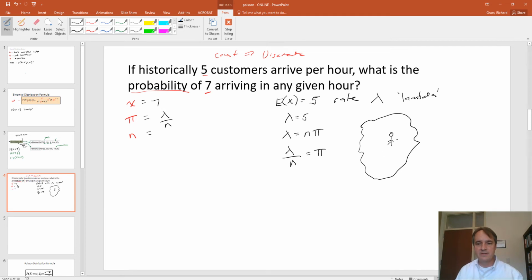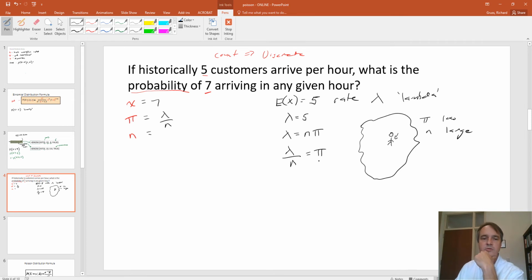What's the probability of this particular person arriving in a given hour? That's going to be very low, obviously, but n is going to be very large.